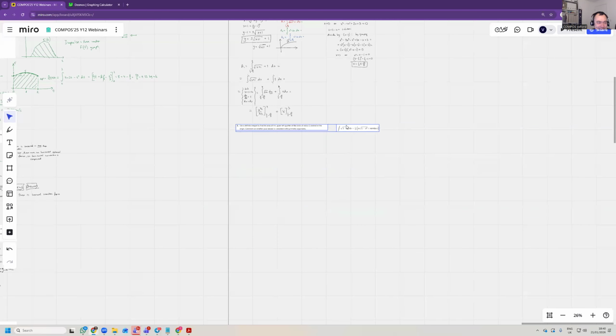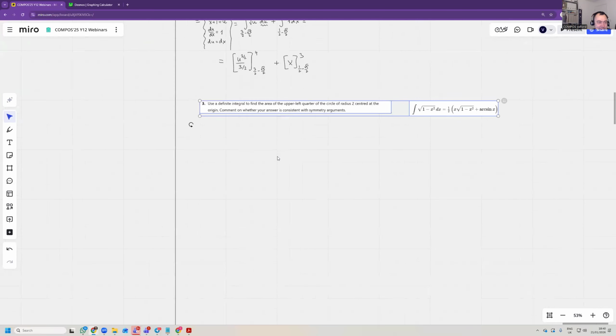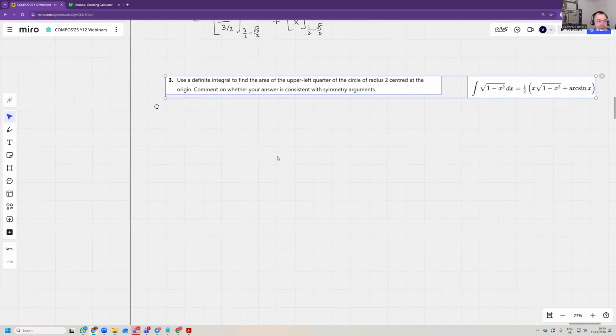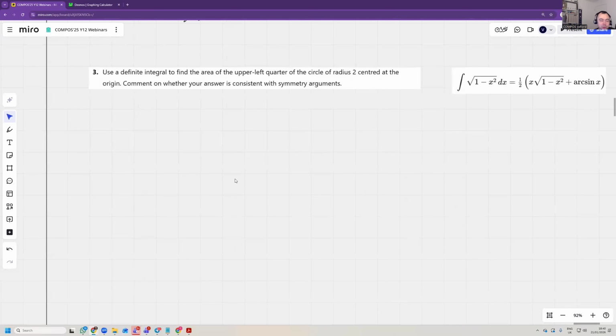Anyways, use a definite integral to find the area of the upper left quarter of the circle of radius 2. So we have a circle of radius 2, x, y, and this is like this.